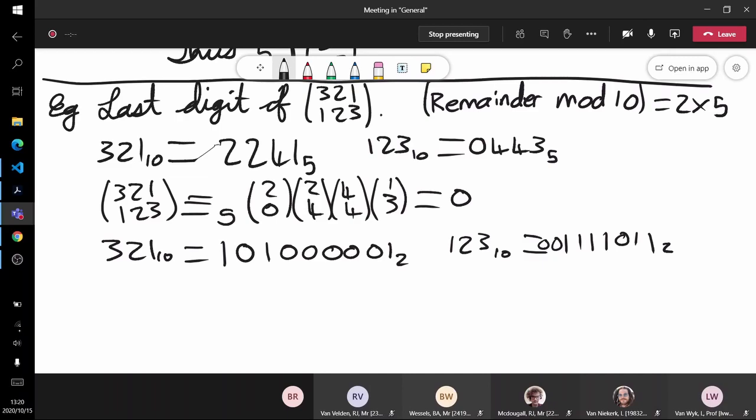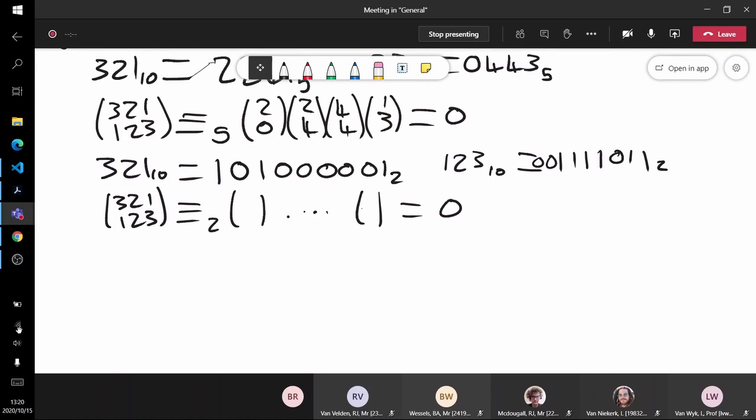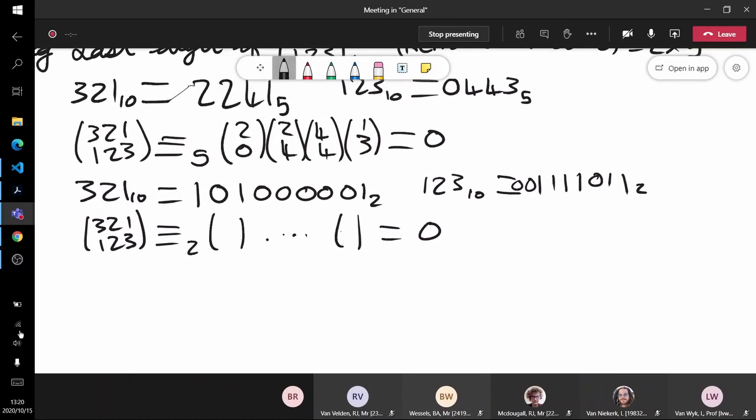Similarly to before, we have 321 choose 123. If you want to do that mod 2, that's a bunch of stuff, but it's easy to see that at least one of those is going to be 0 choose 1, so that's 0. So in this case, 5 and 2 are both factors of 321 choose 123.